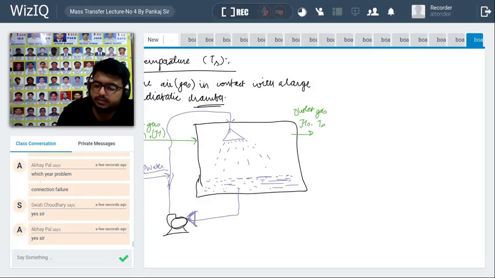Humidity becomes Hs and temperature becomes Ts. The overall chamber is insulated so that we don't consider any heat loss from here. We consider it as the ideal case. Otherwise, we will have to take care of heat effects also. So in order to simplify the case, we consider that this chamber is fully insulated.